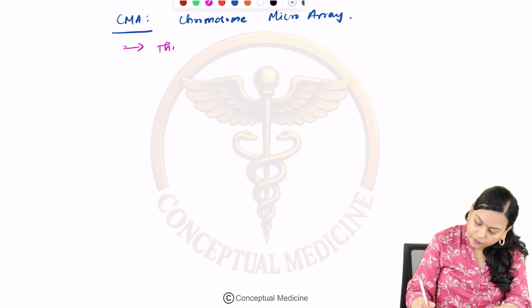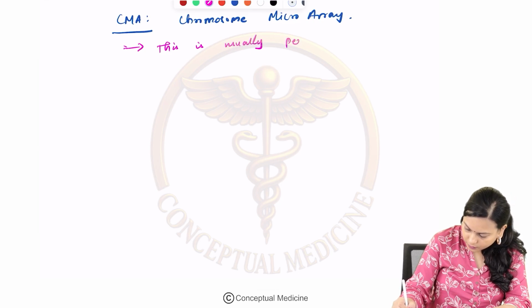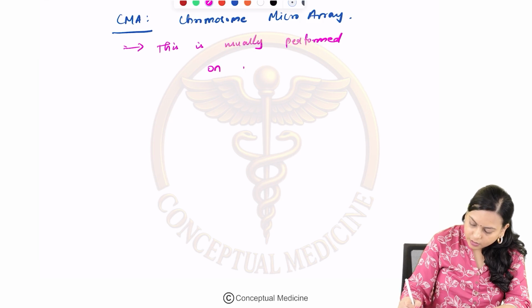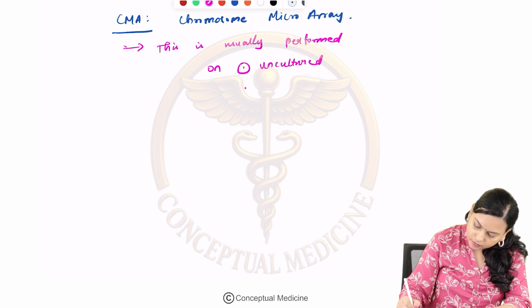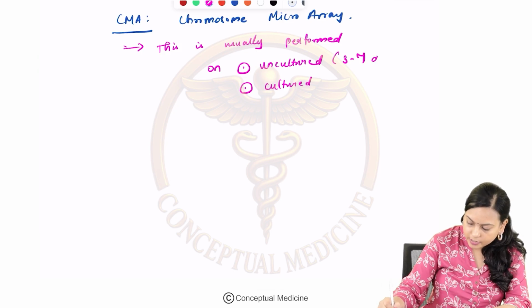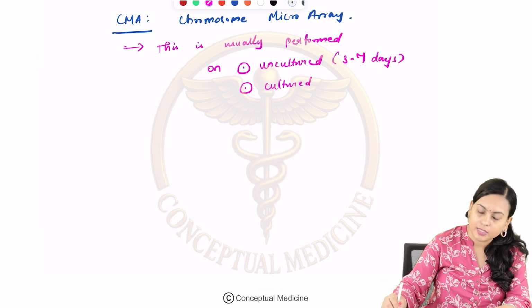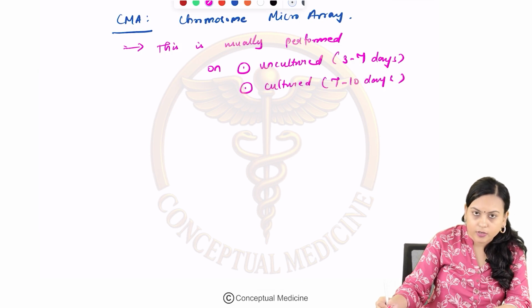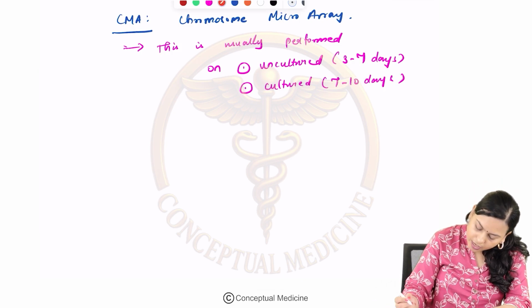This is usually performed on uncultured or cultured cells. If it is performed on uncultured cells, you can get the reports in 3 to 7 days. If it is performed on cultured cells, it will take some 7 to 10 days to get the report. Okay.